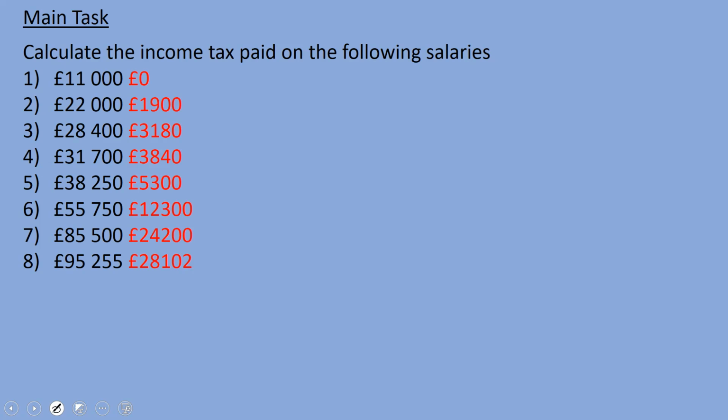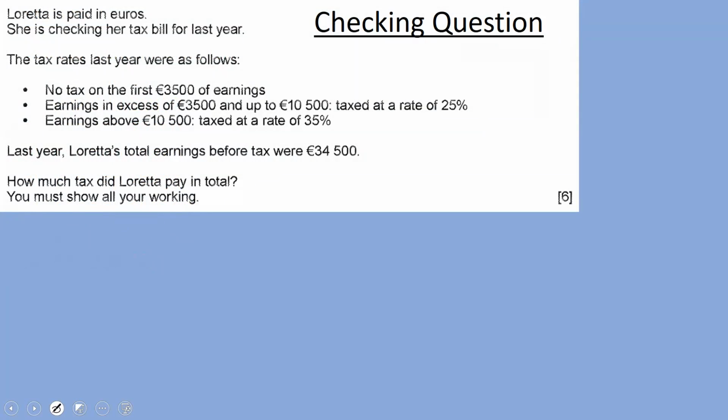So let's have a look at a checking question now. Okay, so this is a GCSE question. So this is in euros, and we haven't got a table, but we've got all the information we need. So again, we're going to draw a line. So from 0 up to 3,500 euros, we pay no tax, that's tax free.